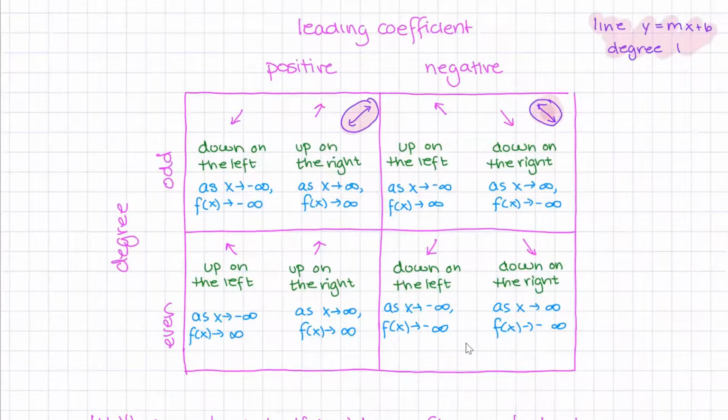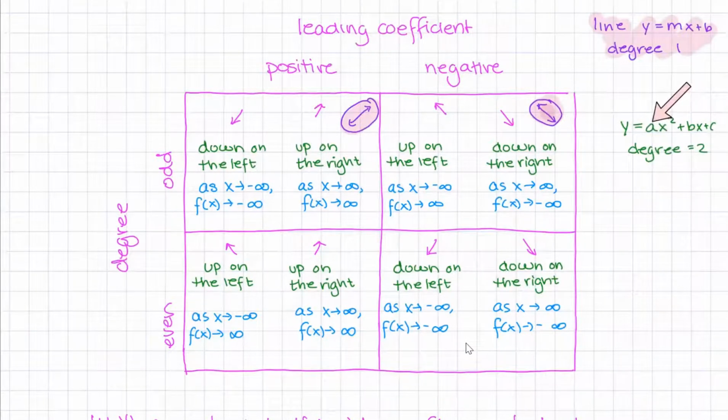Then, for an even degree, you guys know about quadratics. So I'll put over here y equals ax squared plus bx plus c. The degree is 2. It's an even degree. And your leading coefficient is a.